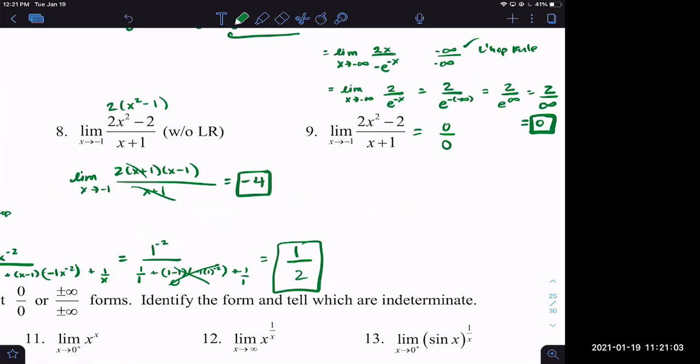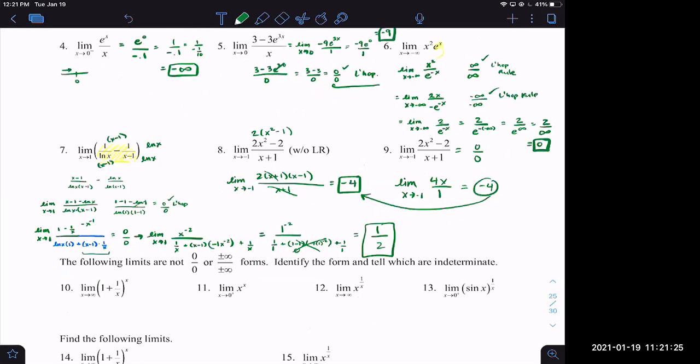That's why we're allowed to do L'Hopital's rule. So L'Hopital's rule says take the limit of the derivatives. What's the derivative of the top? 4x. What's the derivative of the bottom? 1. If we plug in negative 1, sure enough, we get the same answer. So it's just another way of doing this question.